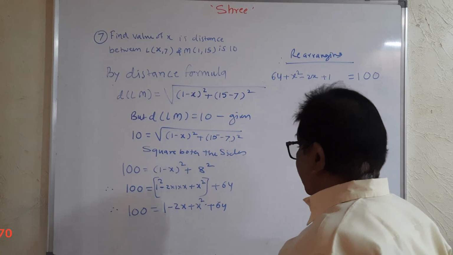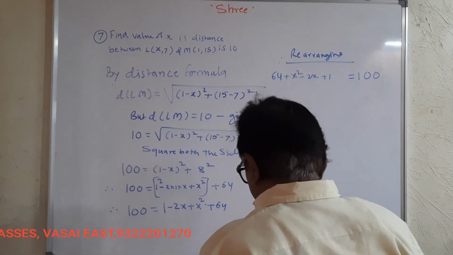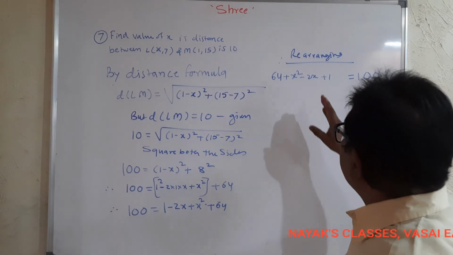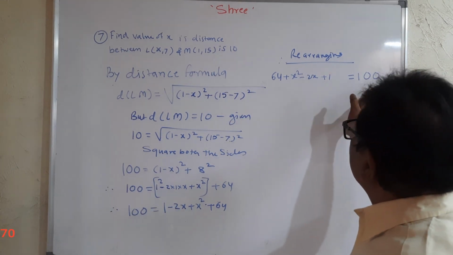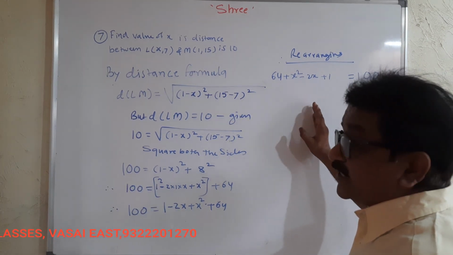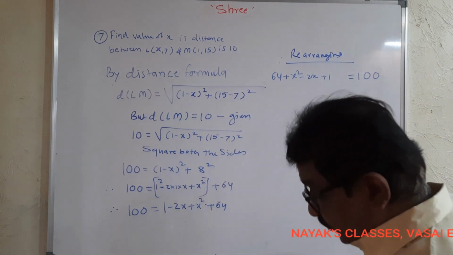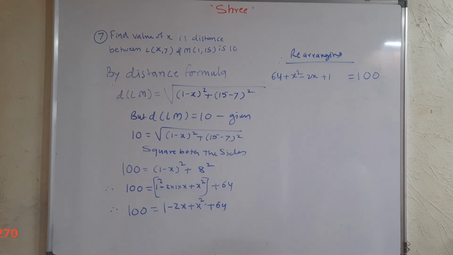Correct? This makes some tedious process. How this has to be formed into x square minus y square. We have to bring it in x square minus y square form.